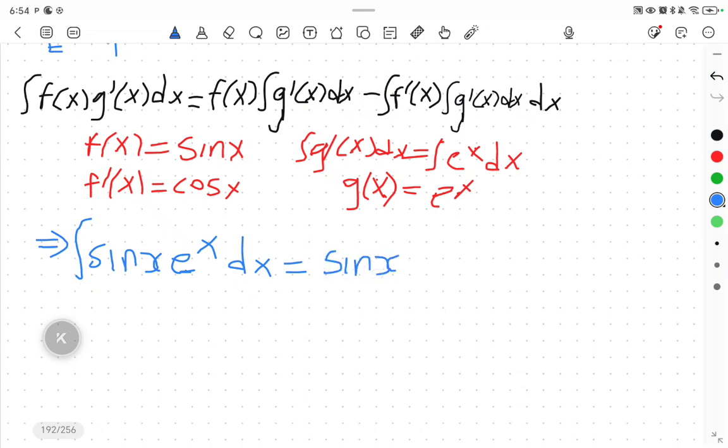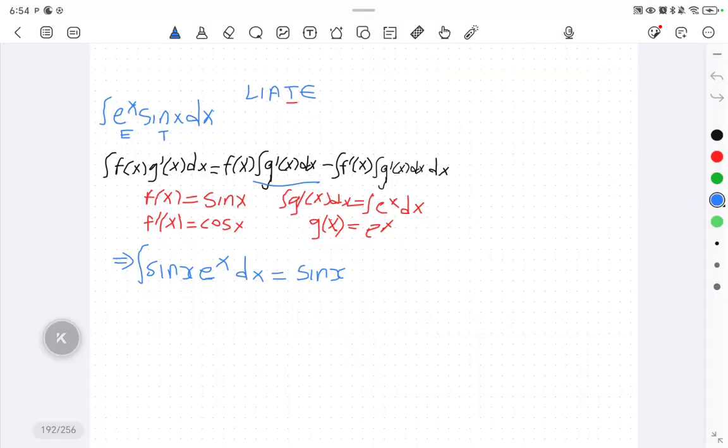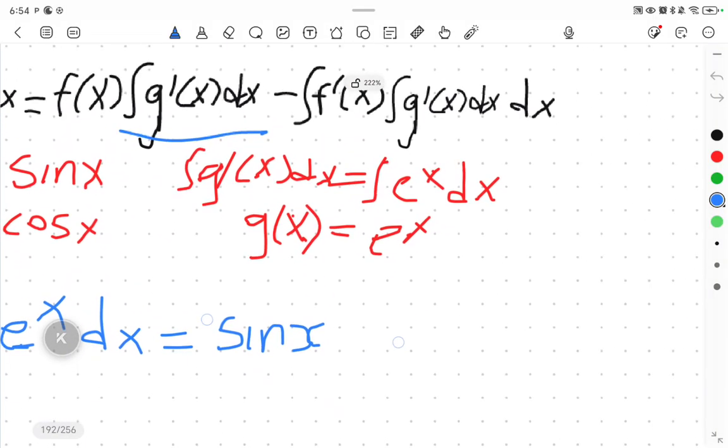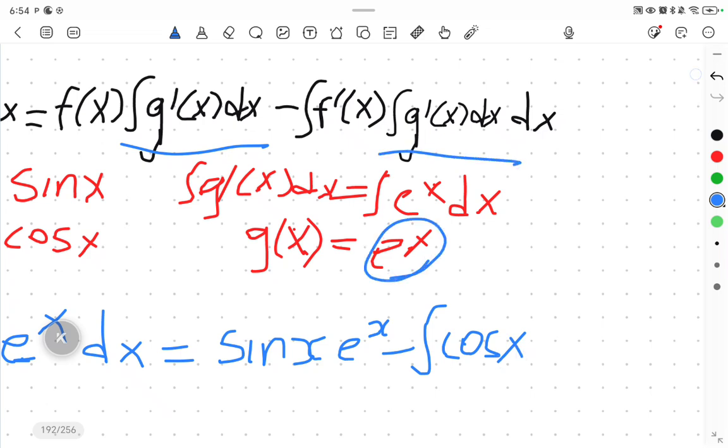Then the integral of that is this, e to the x, minus the integral of f prime of x, which is cos x. G, this one is this, e to the x.